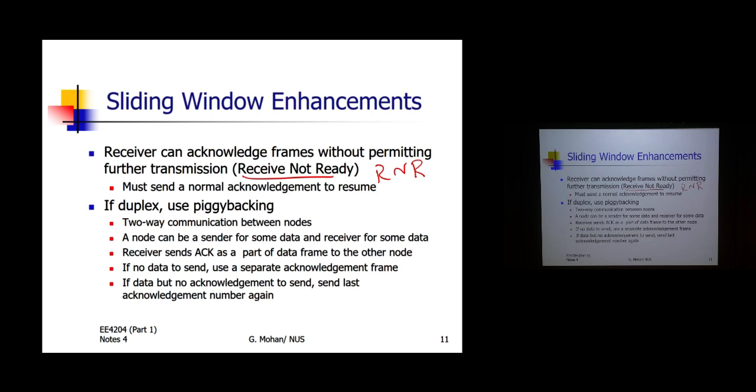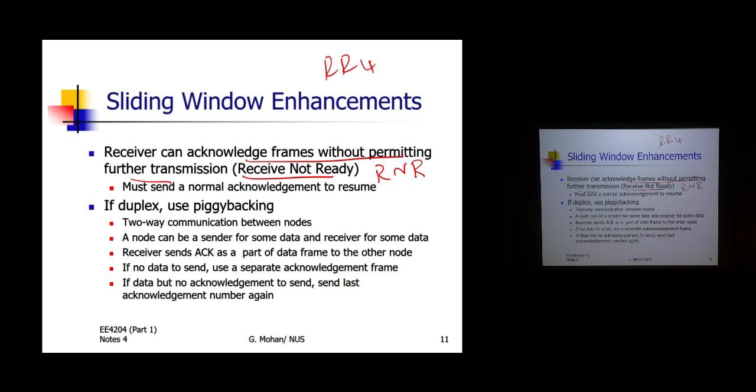For example, the receiver can acknowledge frames without permitting further transmission. The receiver can say, I received these frames, but I'm not ready to receive any new frame. So what's the difference? Let's say RR4. RR4 means it is ready to receive frame 4 onwards.